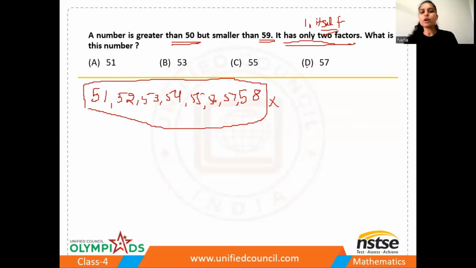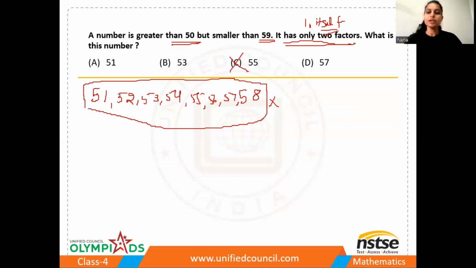We can just go with the options, because with the options we have to check only four numbers: 51, 53, 55, and 57, right? And 55 we can easily see is divisible by 5, so this is not the right answer. Now we have only three options: 51, 53, and 57.